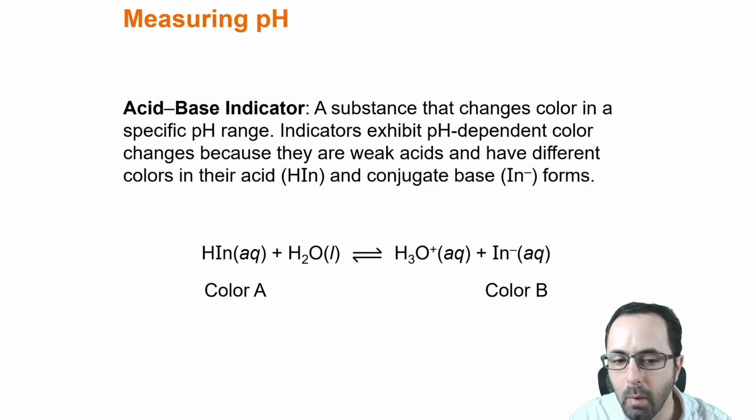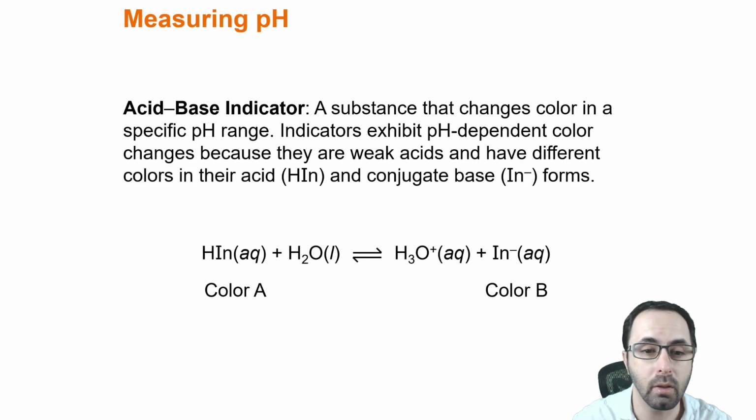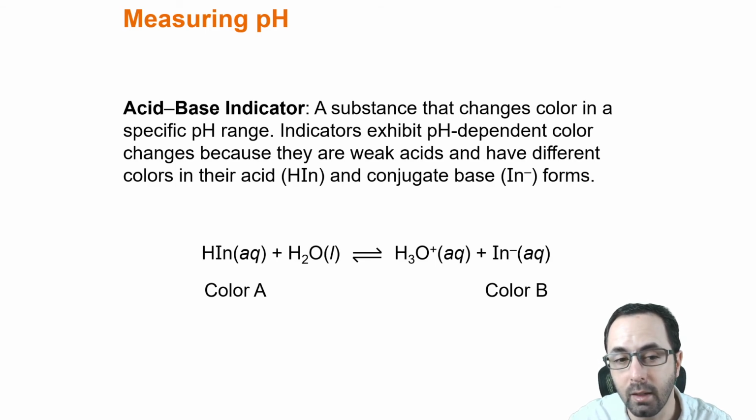Another thing we've been talking about here is acid-base indicators. You guys have actually begun to use some acid-base indicators, and some of you will be doing this tomorrow still. You saw the result of an acid-base indicator, phenolphthalein, changing color over a specific pH range.